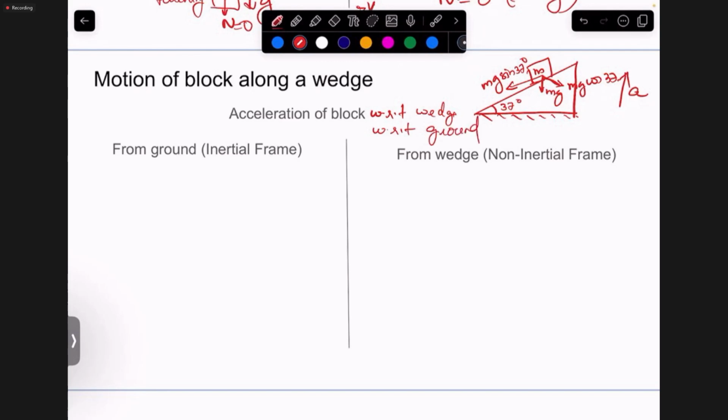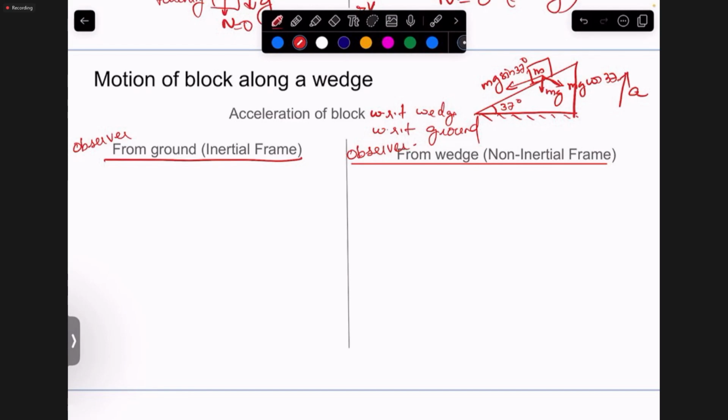That is, one observer is on the wedge and another observer is watching from the ground. How will they perceive the acceleration of the block from two different frames of reference?